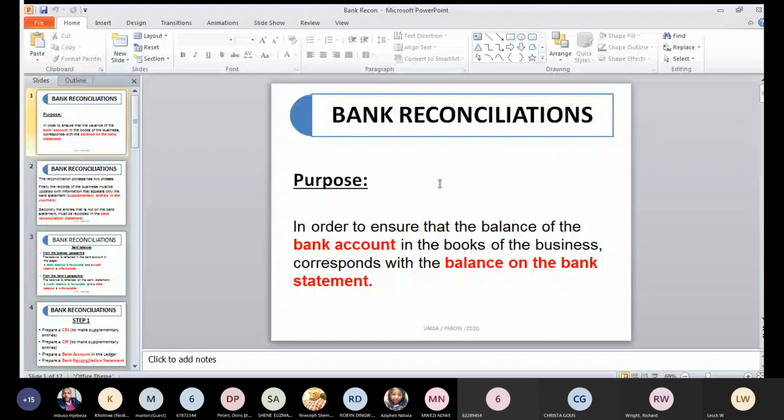The bank, on the other hand, has also got an idea of what is our balance, because the bank is aware of all our receipts, because whenever the business is receiving money, we deposit it into the bank, the financial institution, and the bank is also aware of all our payments. So there's a balance from the business point of view, and there's also a balance from the financial institution's point of view.